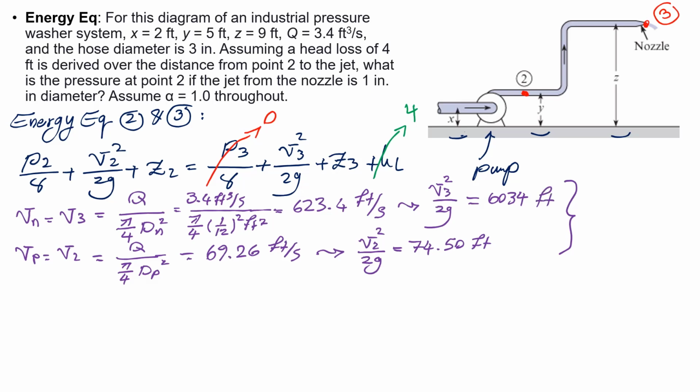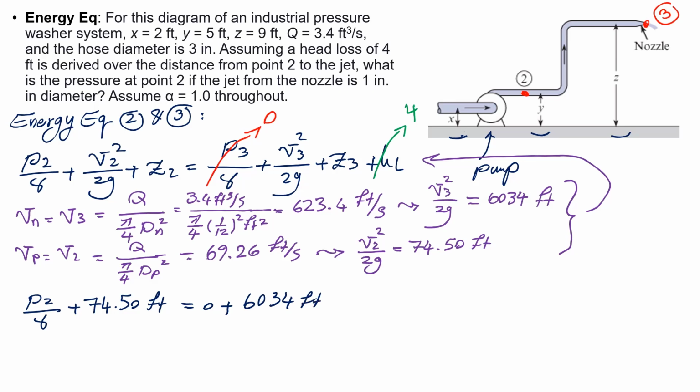Okay, now I calculated the values for velocity head. I'm going to plug them into the energy equation and write it down. So I have P2 over gamma over here, and finally, I have the value 9 plus 4. Did I forget Z2? Oh, yes, I forgot Z2 over here.